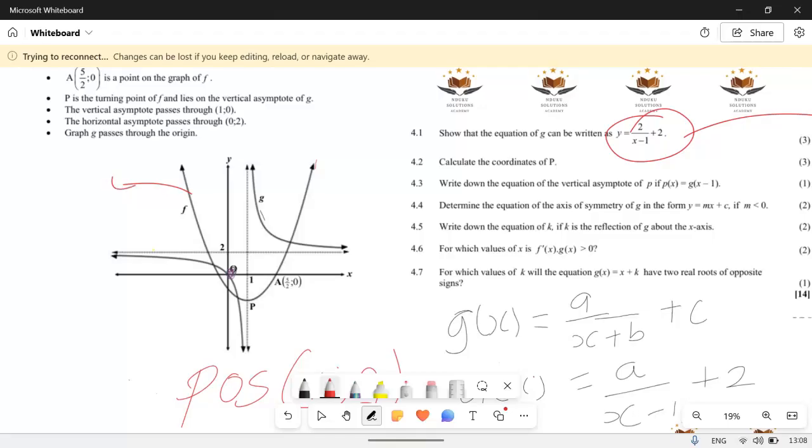So don't forget that your y is equal to 2 over x minus 1 plus 2. That's the equation of your hyperbola.